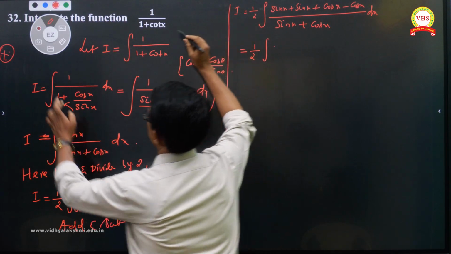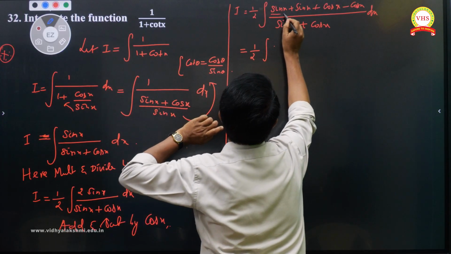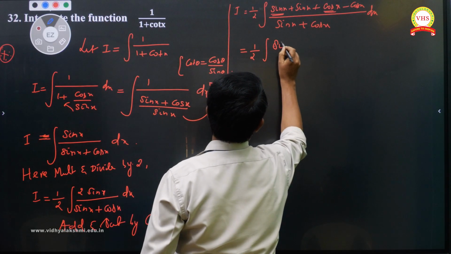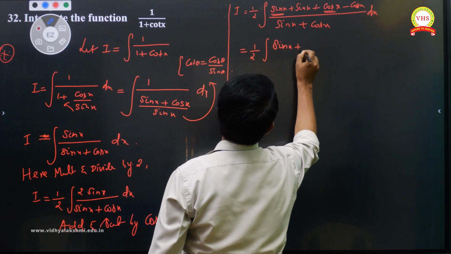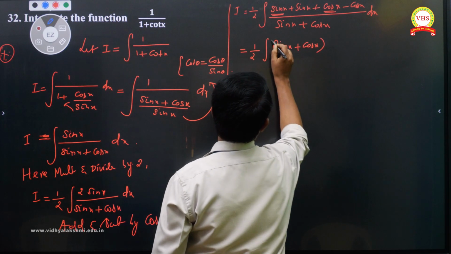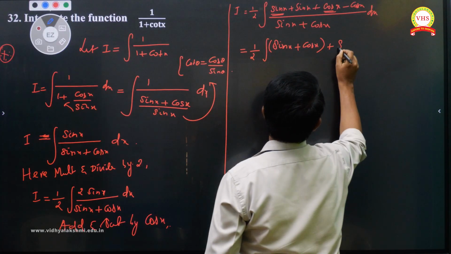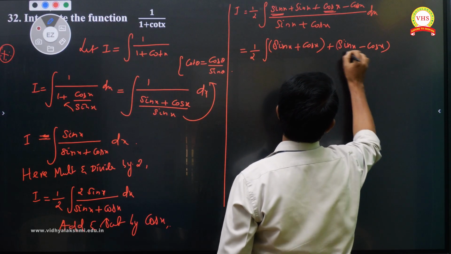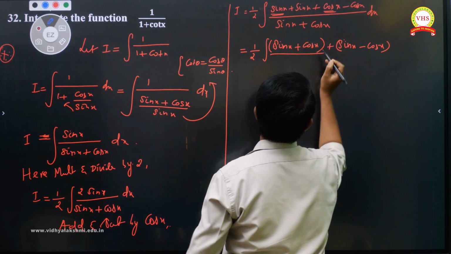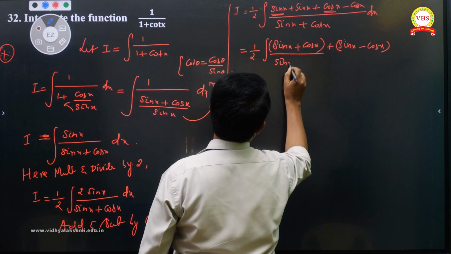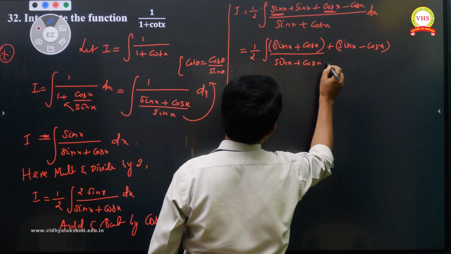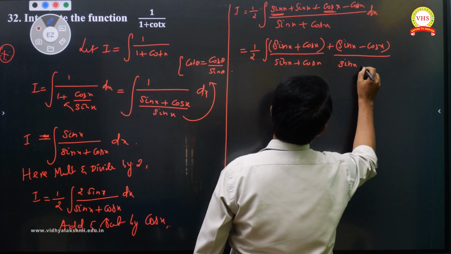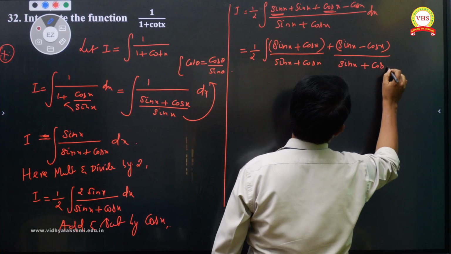You should pair these two, this one pairs with cos. Then sin x plus cos x, plus sin x minus cos x, divided by sin x plus cos x.